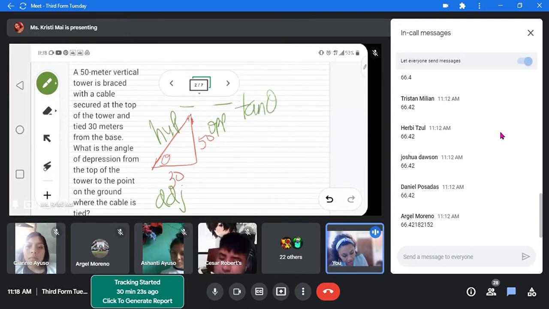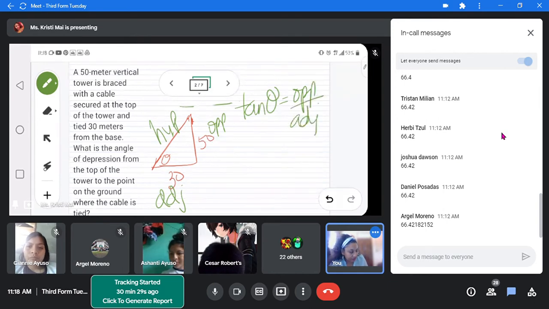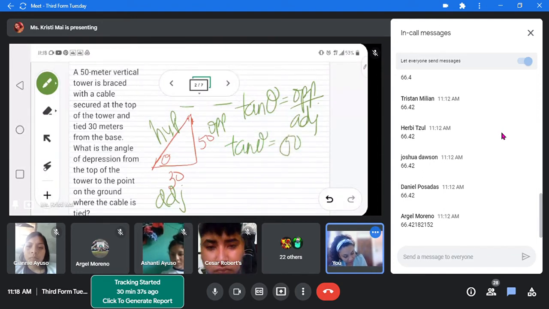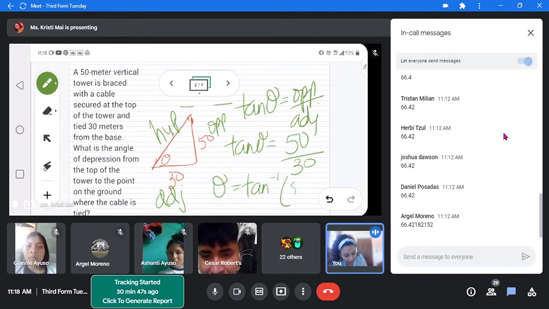Tangent of theta is equal to opposite over adjacent. And then we have tangent of theta is equal to 50 over 30. If I leave theta by itself, I'm going to have the inverse of tan of 50 over 30.